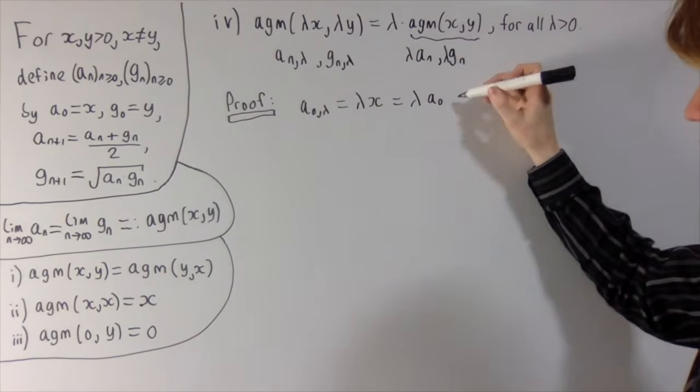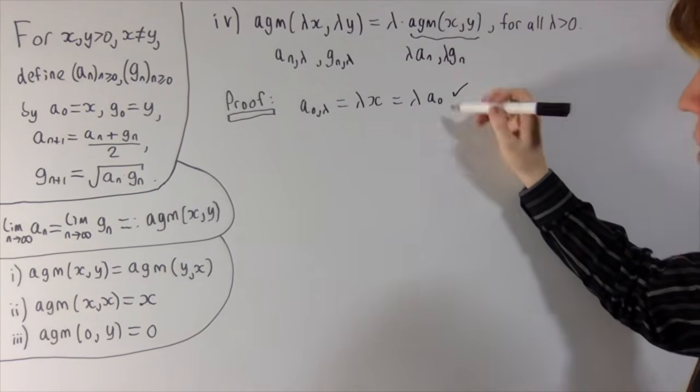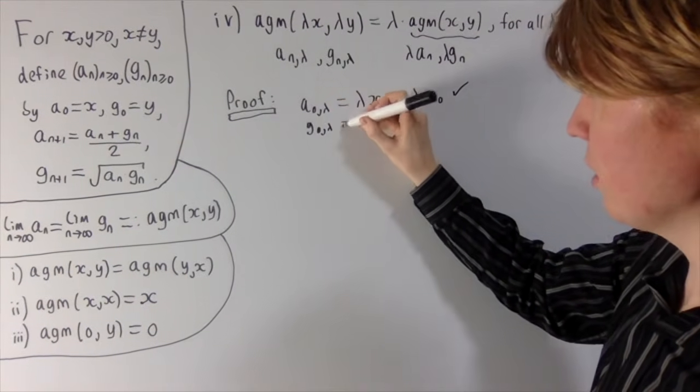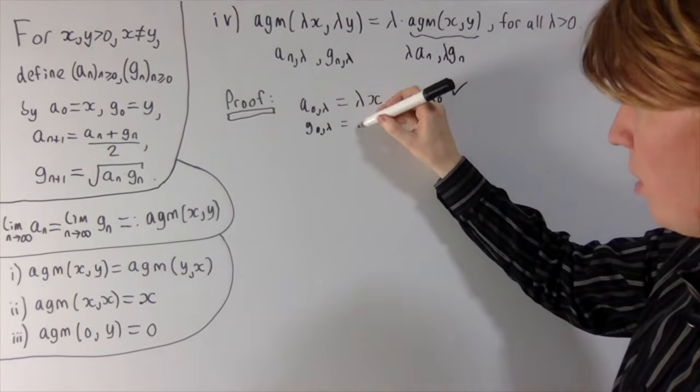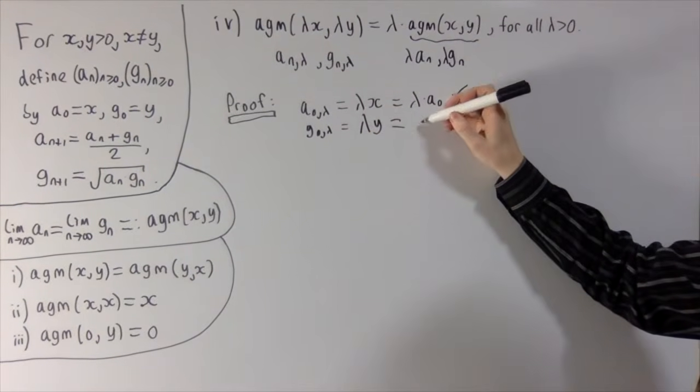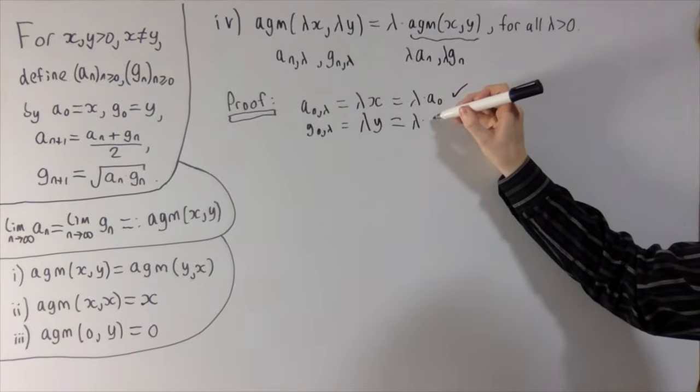So a_0(lambda) is equal to lambda multiplied by a_0. And then similarly, g_0(lambda), your first term here is lambda y. But then your first term here is just y in the g sequence. So this is lambda times g_0.